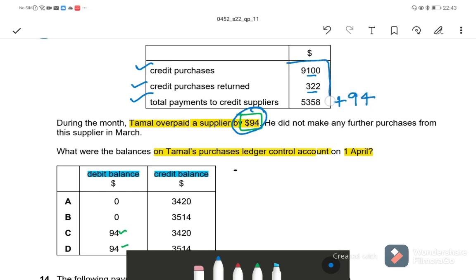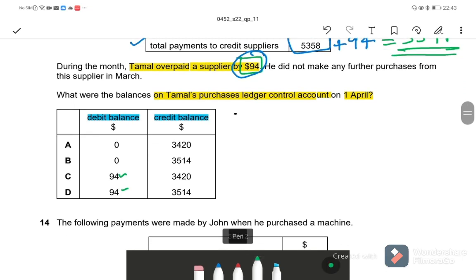So 9100 minus 322 minus 5358 plus 94 is equal to 3514. So the correct option D is the correct answer.